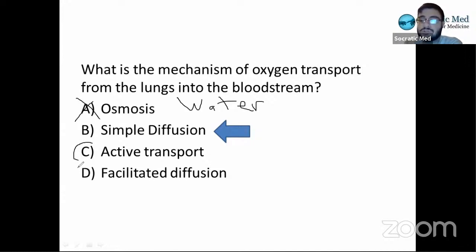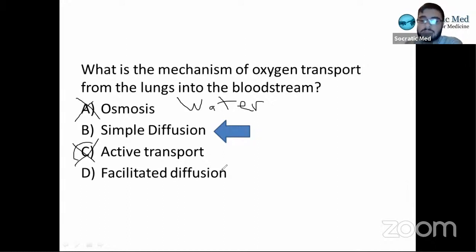In this case, you're going with the gradient. There's high oxygen in the alveoli, low oxygen in the capillaries, because it's deoxygenated blood. The blood doesn't have the oxygen yet. So it's not active transport. That leaves simple diffusion and facilitated diffusion.